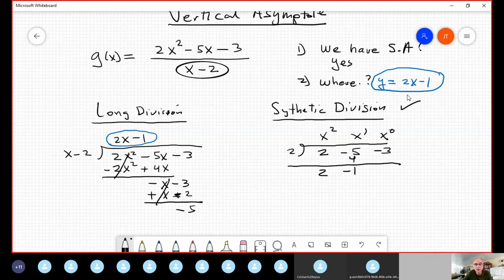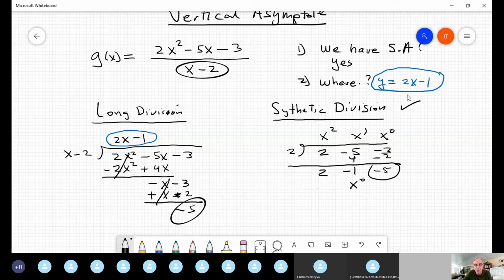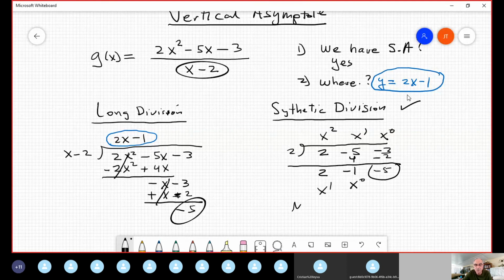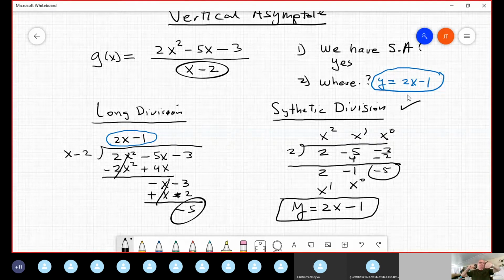Negative 1 times 2 is negative 2. This is negative 5. And this negative 5 is exactly the same as the previous negative 5. And the formula is y equal to 2x minus 1, because x to the 0. Same answer. Very good.